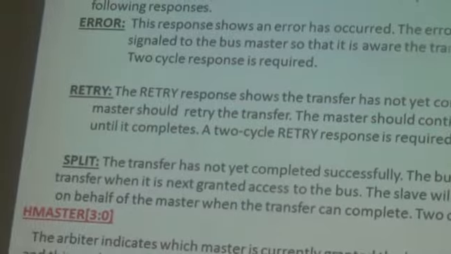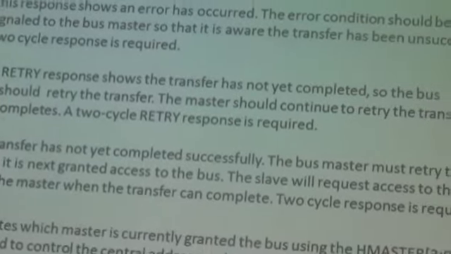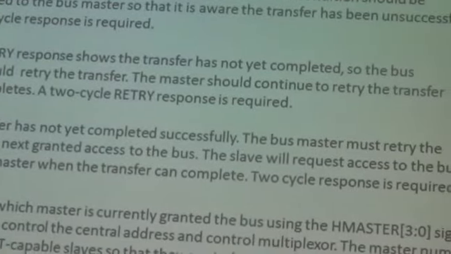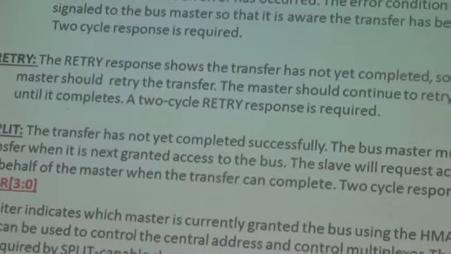Other is retry. It shows that the master's transfer has not yet completed, so the bus master should retry the transfer. The master should continue to retry the transfer until it completes. A 2 cycle retry response is required.